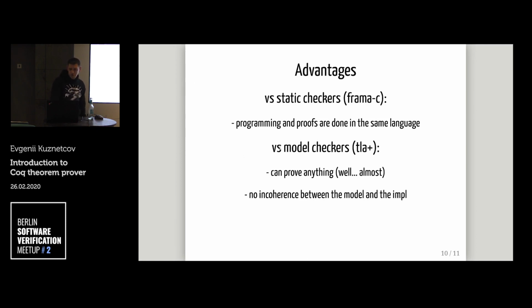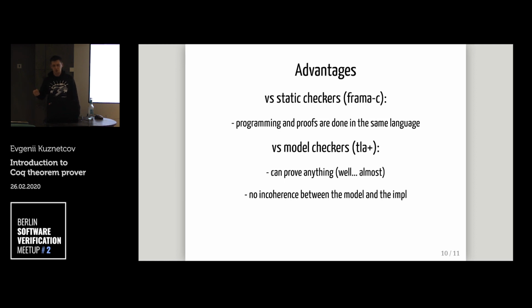If we compare it to model checkers like TLA+, the first advantage is that the Coq type system is powerful enough to prove every theorem you can imagine. Of course there are limitations, but they are the same theoretical limitations, the philosophical limitations of mathematics in general. Whatever you can prove with pen and paper, you can prove with Coq. So there is no need to do an exhaustive search like in TLA+.